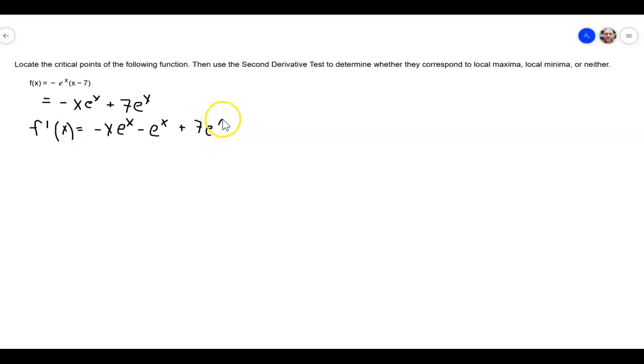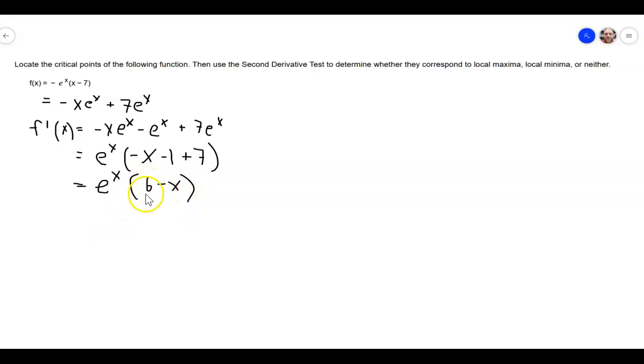That's going to clean up to, we can pull out an e to the x, and that'll leave us a negative x, a minus 1, and a plus 7. So that is e to the x times 6 minus x.